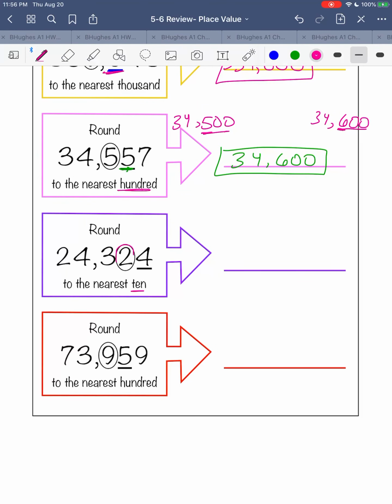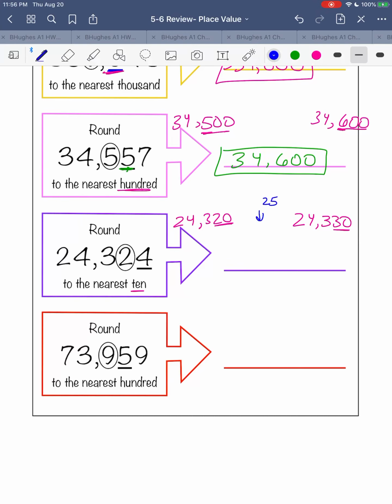So we're rounding to the nearest 10. So that means everything in front is going to stay for now. 24,320, because that is what's in there right now, or 24,330 would be the next 10 up. So we know it's between 20 and 30 for the tens place, okay? So what would be halfway between 20 and 30?